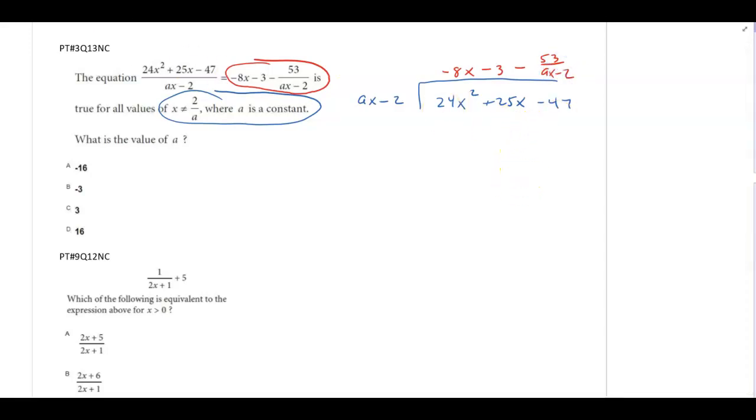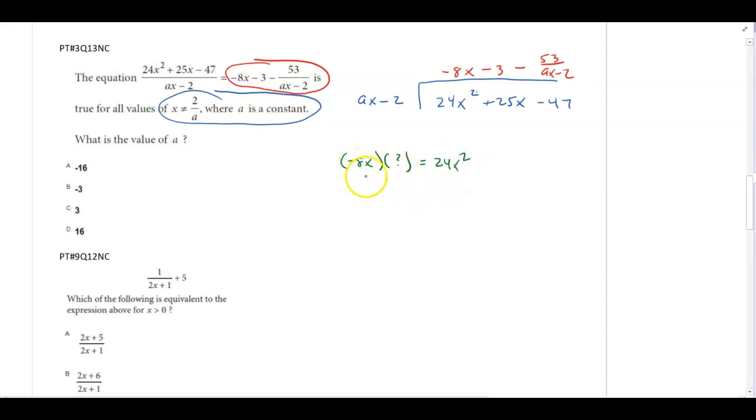So to find this, I like to work smarter, not harder. What would I have to multiply ax by to get 24x squared? But I know I have to do negative 8 times that value. So negative 8x times what would give me 24x squared?